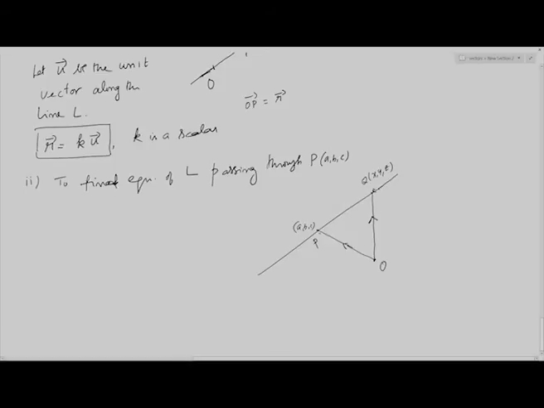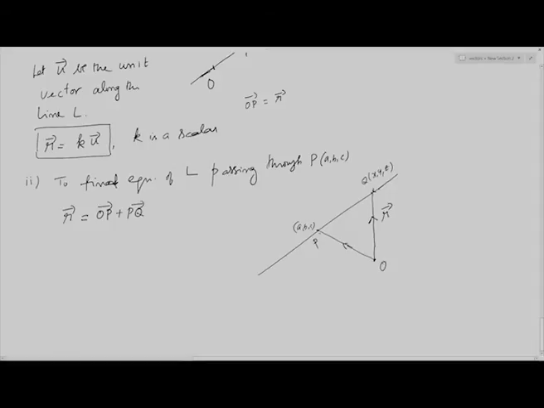So OP we know, OQ is there. To find the equation of L passing through (a, b, c), if I take this vector as r, then r is nothing but OQ. r is equal to OP plus PQ.